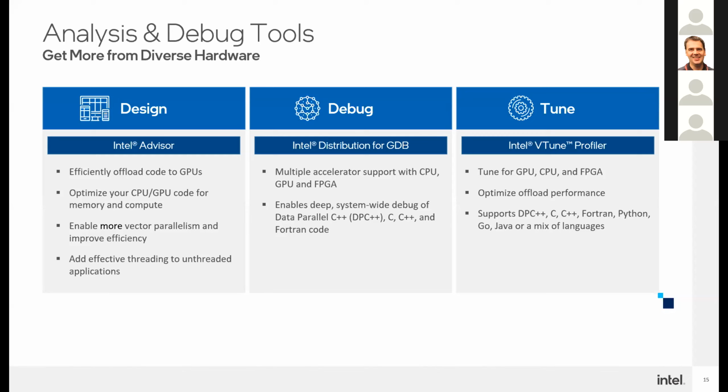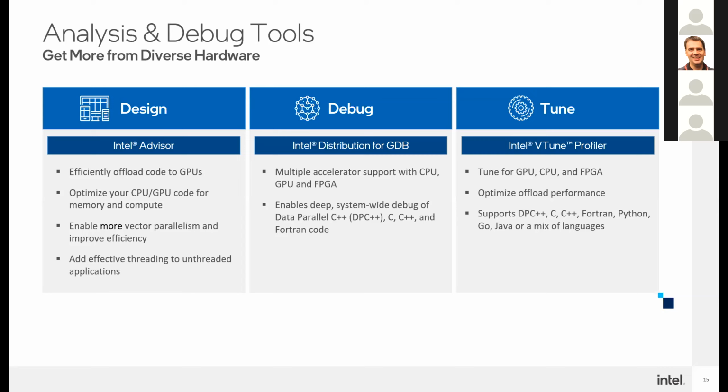It has a couple of additional features. We're going to learn more about that tomorrow. There's a debugging tool, the GDB, an Intel distribution of the GNU debugger in there for debugging the application. And many of you know the VTune Profiler, a tool that identifies the bottlenecks or the hotspots in applications. Historically, that was for x86 applications.